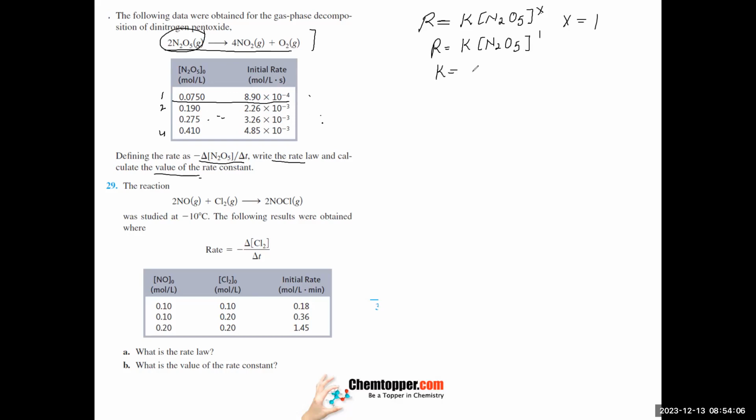What is the unit? Yeah, that will do. I'm just doing this part now. So K is rate. How much is the rate for experiment 1? 0.0750 divided by 8.90 times 10 raised to the minus 4 per second. But determine the rate law as this. That's the average.